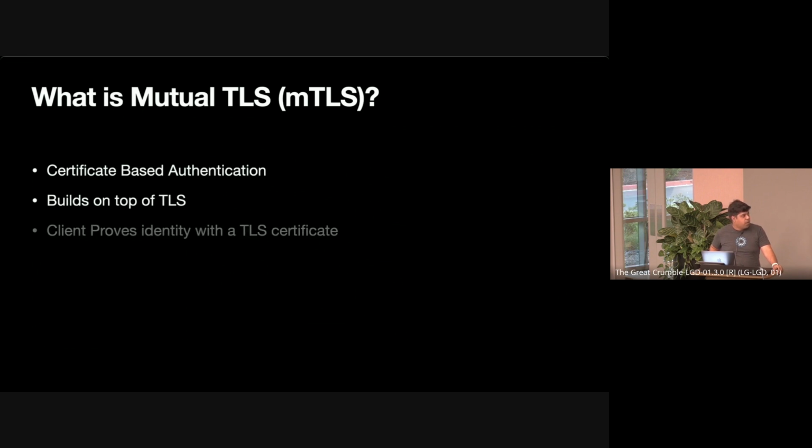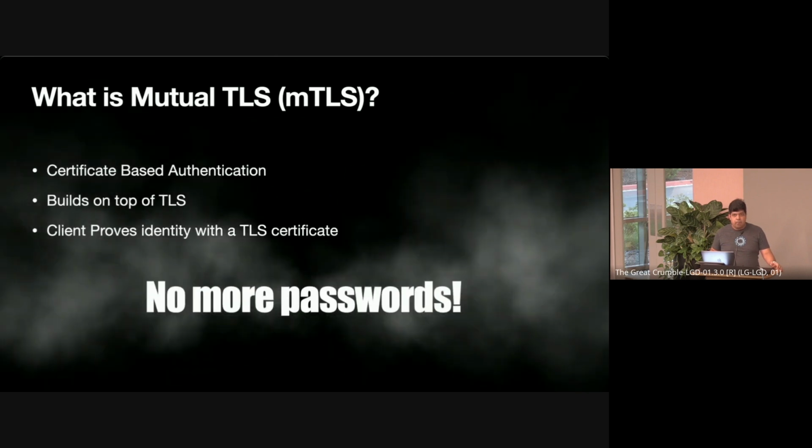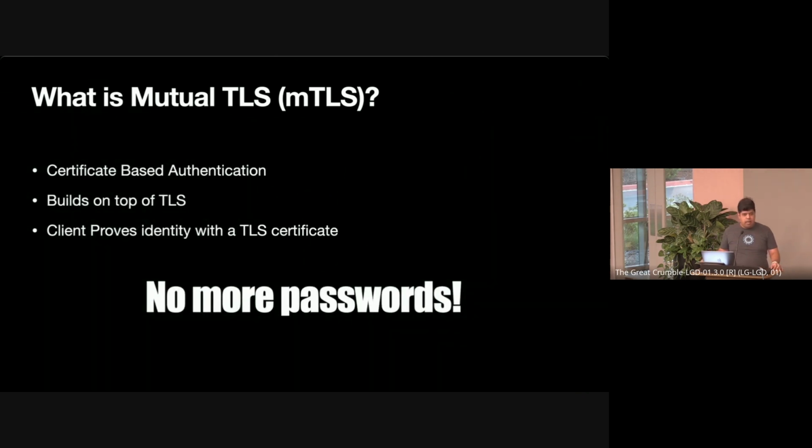And what you do is the client possesses a client certificate that it produces and shows to the server, and the server says, oh, I know you because somebody has digitally signed your certificate. And as a consequence of doing this, you basically eliminate passwords. You don't have to deal with passwords anymore. And as you can imagine, this is more secure than just plain old passwords.